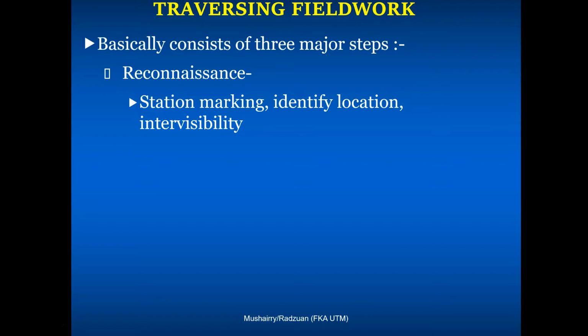So it simply means you have to walk around the area. Let's say you're given an area, you know what the area is. Just walk around the area. Try to decide where to put your stations, your markers in the ground, and identify that the point that you've chosen is obscured from the public, meaning you don't put a point in the middle of a footpath maybe, something that people might bump into.